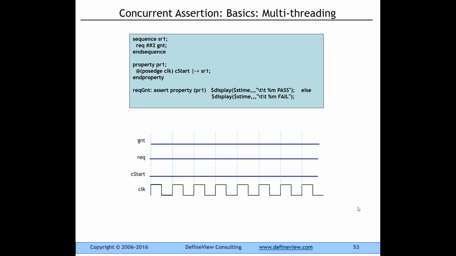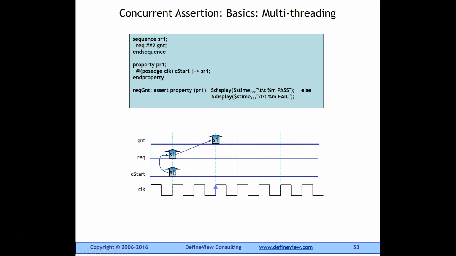Okay, let's start with multithreading. I will go back to my good old example of sequence, property, and how the property is asserted. Here's the clock. Here's the C start signal. Here's the request, and here's the grant signal. Let's say that at this passage of clock, C start is asserted.